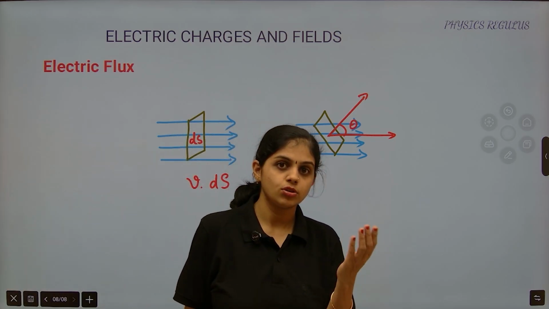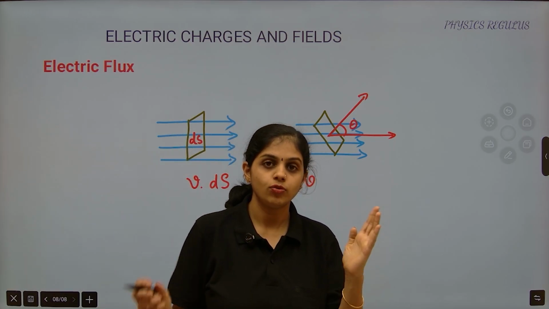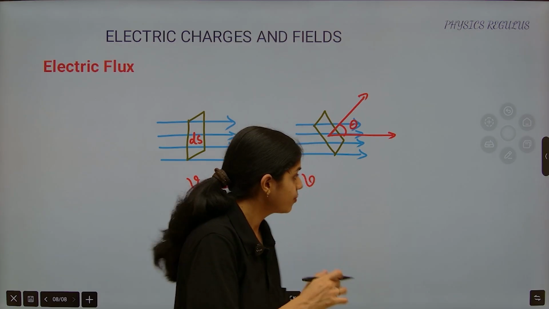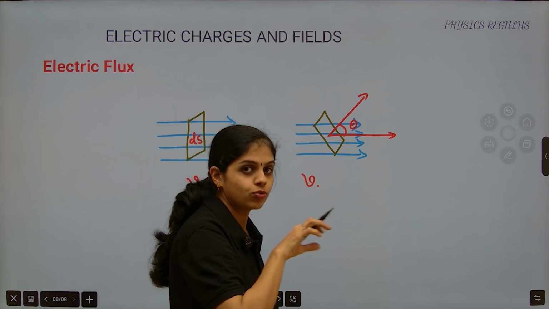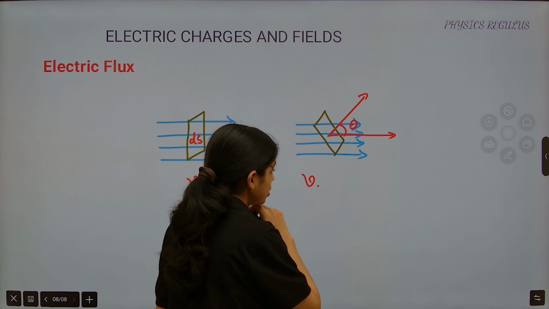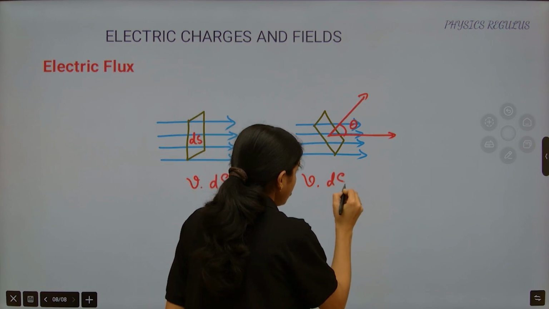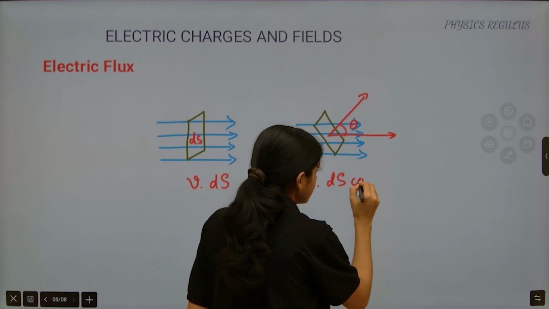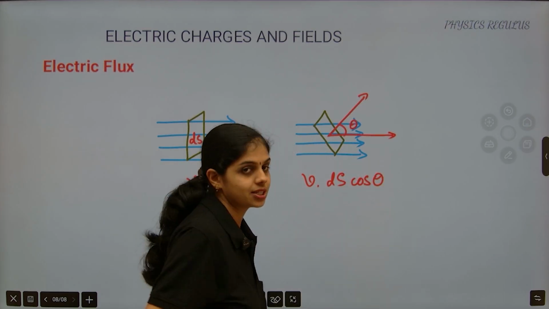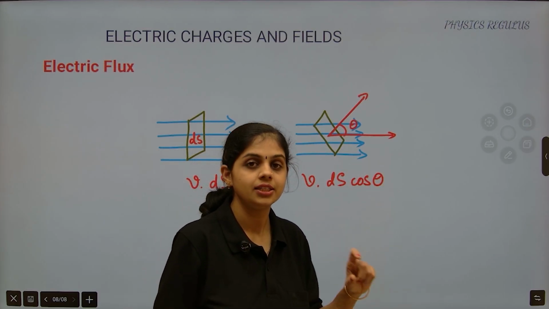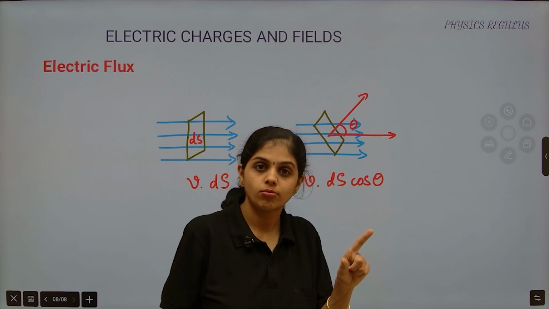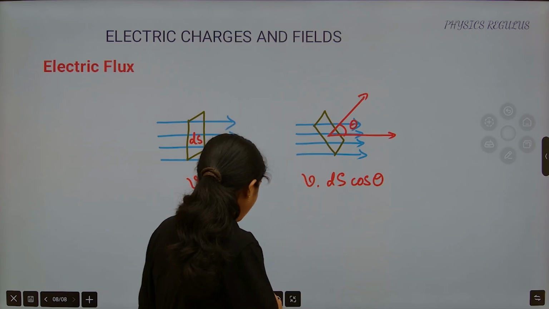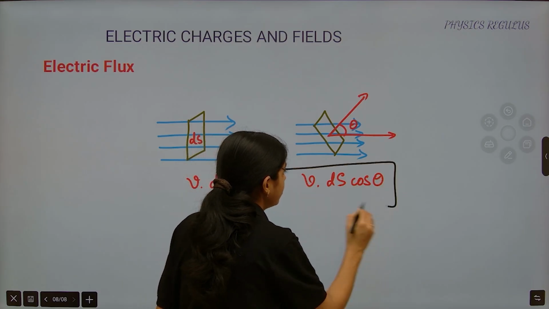When orientation of the surface changes, rate of flow of water depends on orientation. That is, now rate of flow of water depends on velocity of water, area of the given surface, and also orientation of the surface, which is represented by cos theta here. Here theta is the angle between surface normal and direction of flow of water. We define this quantity as liquid flux.